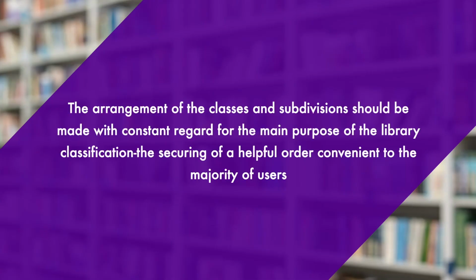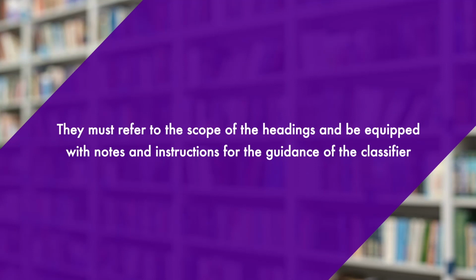The arrangement of classes and subdivisions should be made with constant regard for the main purpose of library classification, the securing of a helpful order convenient to the majority of users. In library classification, the terms used must be clear and currently accompanied, where necessary, by full definitions. They must refer to the scope of the headings and be equipped with notes and instructions for the guidance of the classifier.